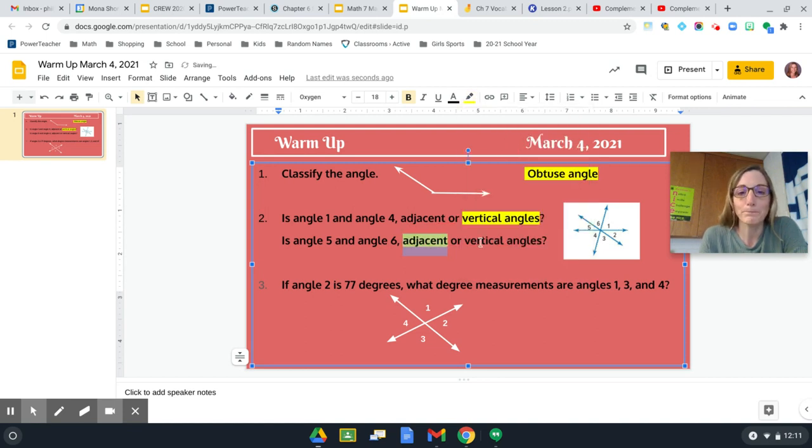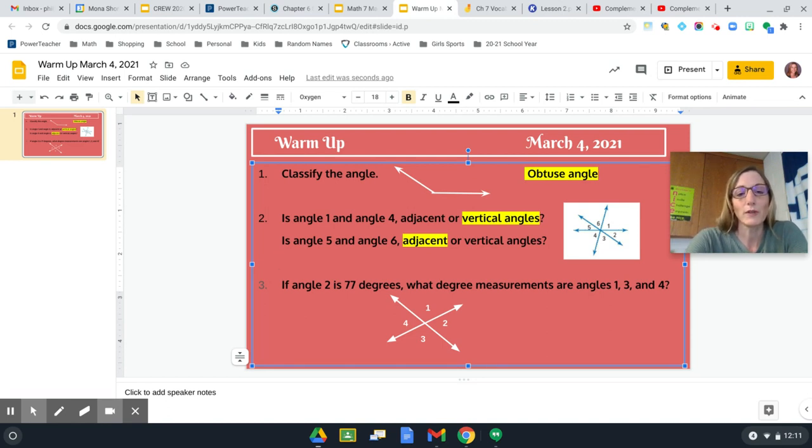Okay. Now number 3. We did this type of problem. It was one of the last problems we did in Tuesday's lesson. When we did it in the book, it was exactly like this, except it was on the John Hancock Center in Chicago, and you had to find some missing degree measurements.